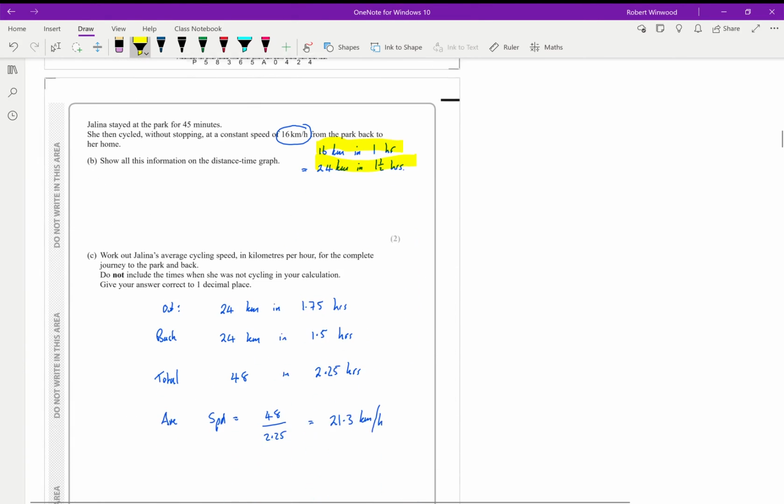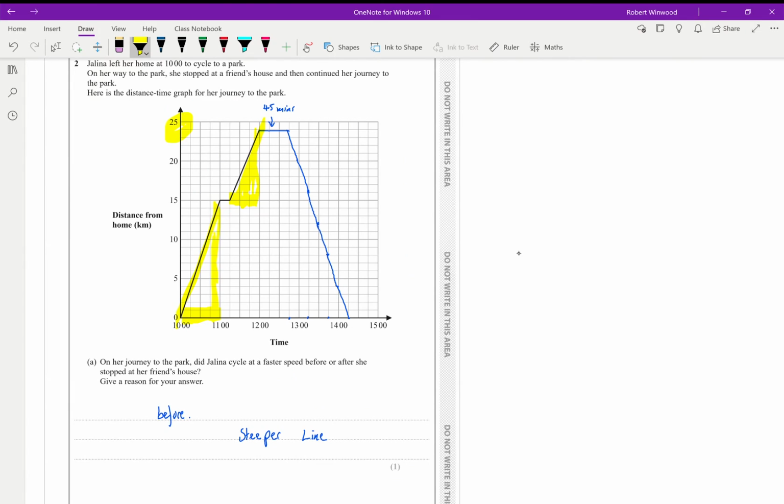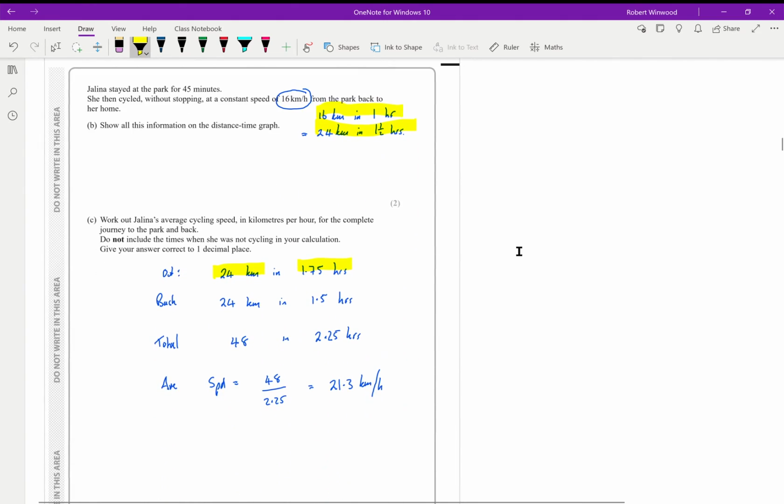So on the way out, she travelled 24 kilometers in 1 3/4 hours. On the way back, she travelled 24 kilometers in 1.5 hours. So in total, she's travelled 48 kilometers in 2.25 hours. So her average speed was 21.3 kilometers per hour.